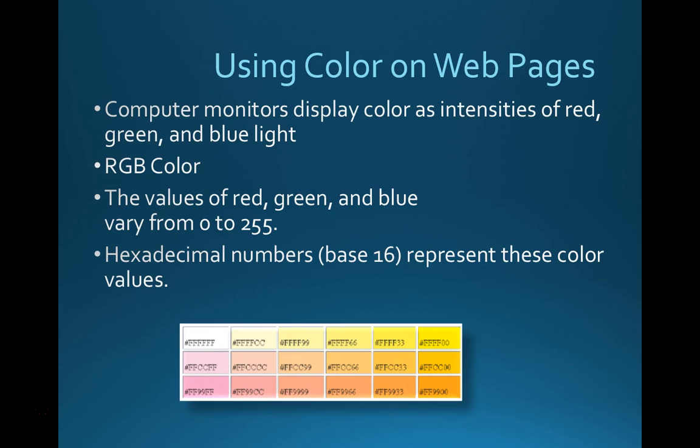It starts with F at one end of the spectrum. So all F's would be considered white. All zeros, which is at the other side of the spectrum of those 16 characters, that's black. Any numbers in between those 16 characters, you get every color in the rainbow.